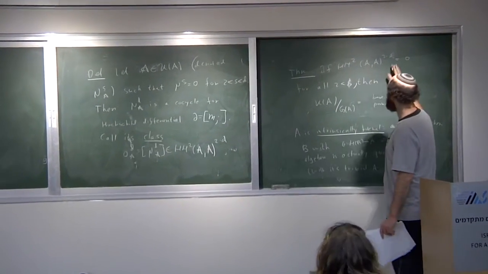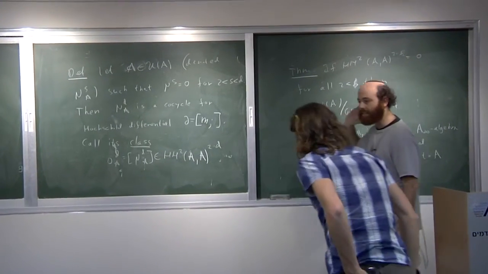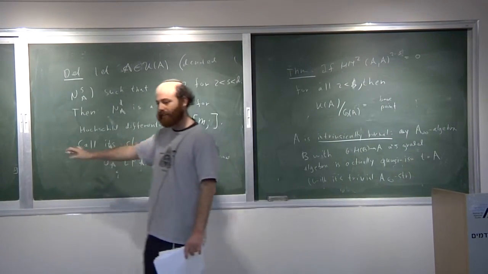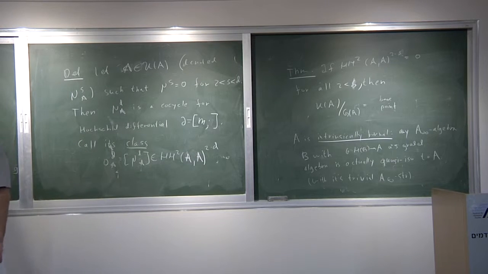For all S. Yeah, there is nothing there, and here there is something, just one thing. And this is 0 when S is bigger than 2 but not D.